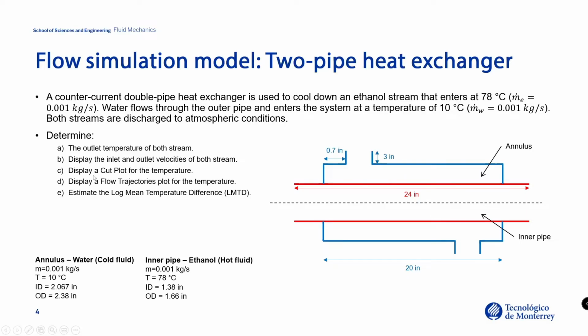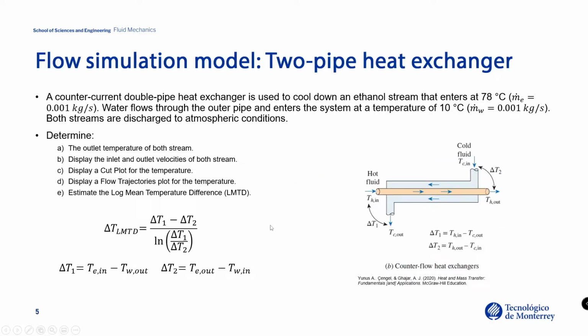Later, we want to generate a cut plot for the temperature, and we also want to generate a video or an animation with the flow trajectories plot showing the temperature map. Finally, we want to estimate the logarithmic mean temperature difference, and to do this we have to follow this equation.